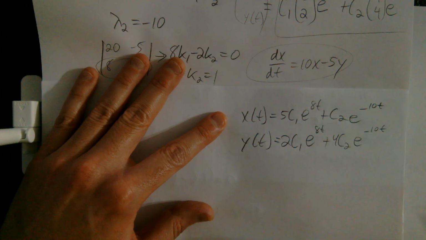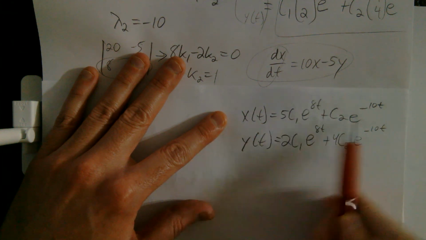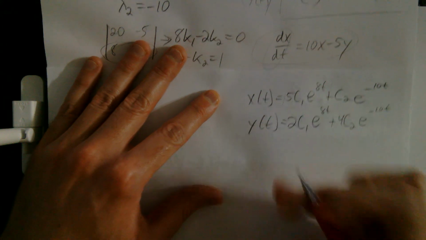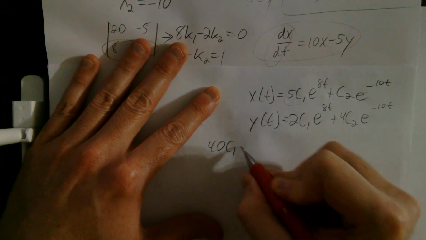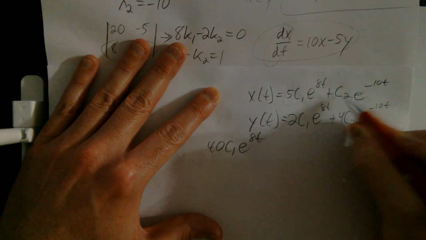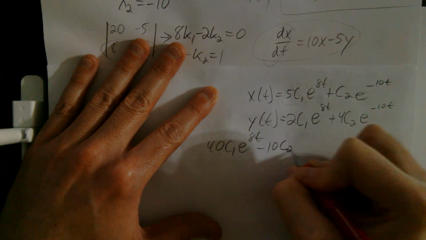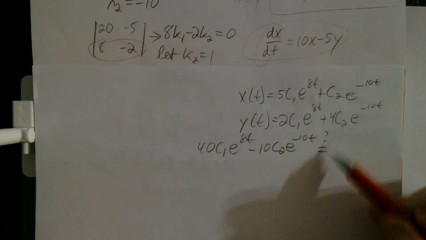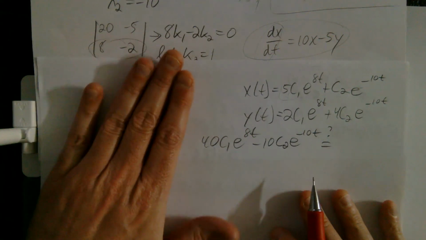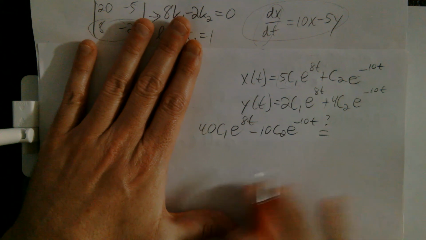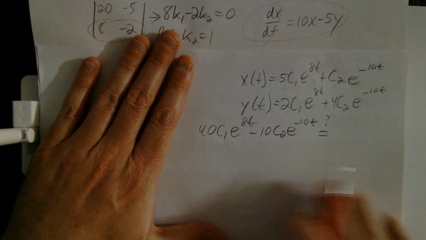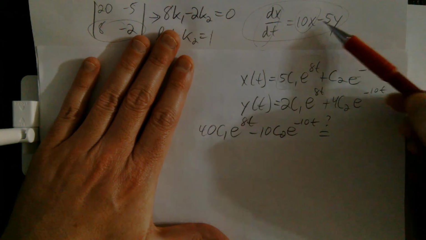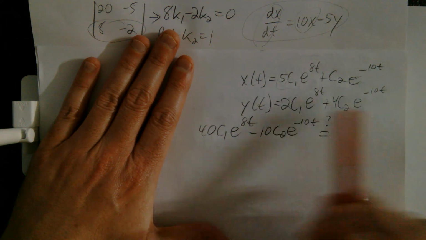Let's look. Derivative of x, derivative of this is 40 c1 e to the 8t minus 10 c2 e to the negative 10t. That should equal, does that equal? Okay, I should have given myself more room here, but that's okay. We'll do that down here. Let's see whether this equals 10 times the non-derivative x minus 5 times the non-derivative y.